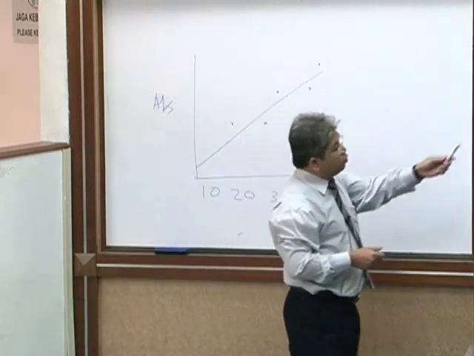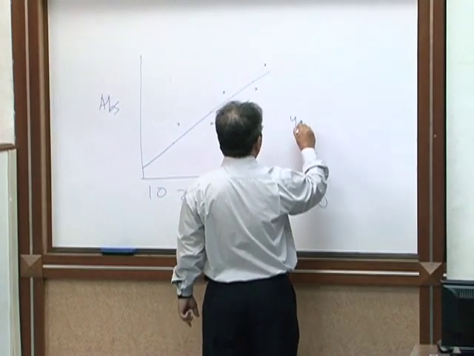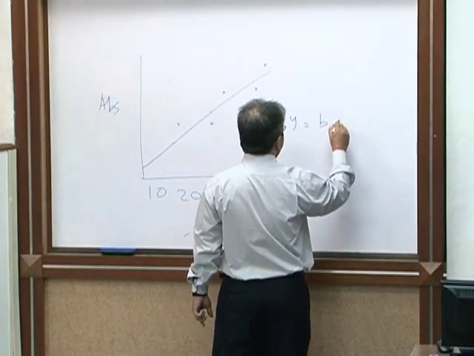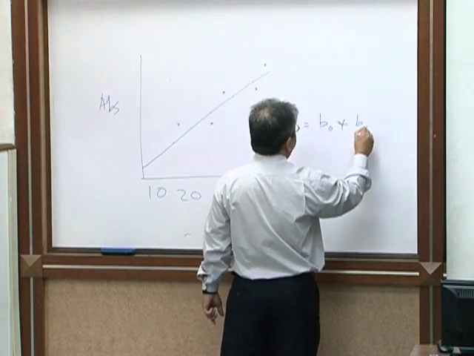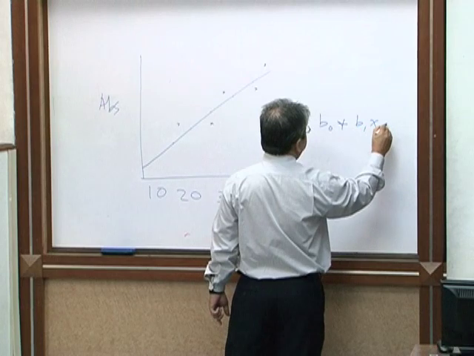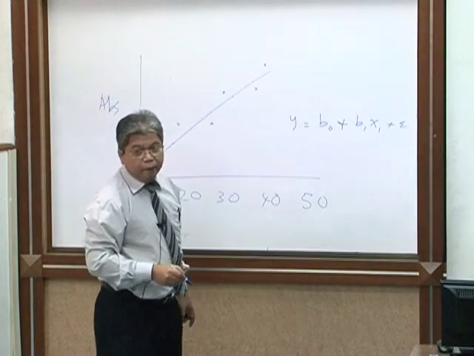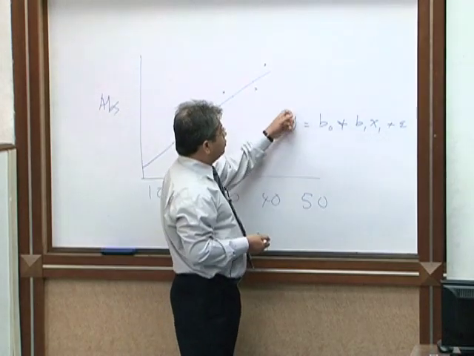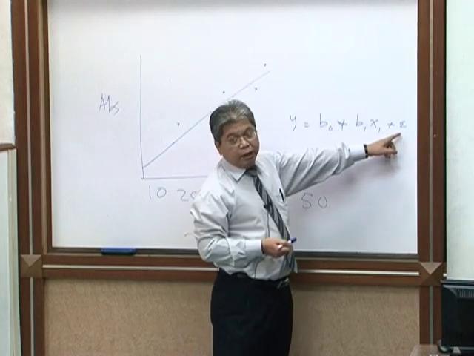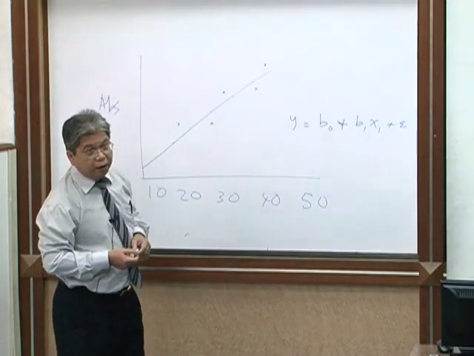So that's why there's no error term here. If we want to include the error term, it should be Y equal to B0 plus B1 X1 plus some error term. If you want to use Y, we should include some error term because there are points which are not exactly on the line.